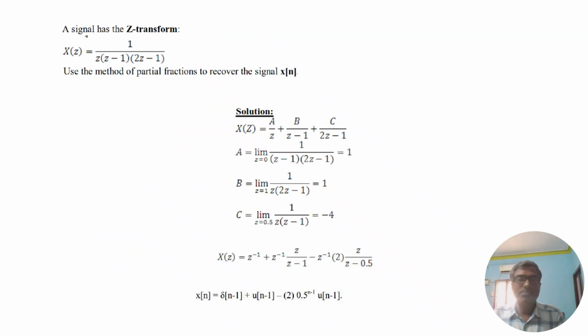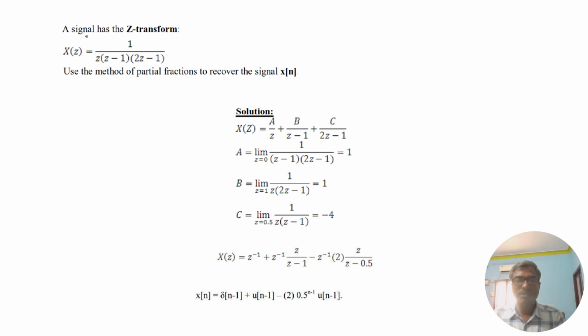The second example problem is computation of the inverse Z transform using the partial fraction method. X(z) equal to 1 by z into z minus 1 into 2z minus 1. Use the partial fraction method to compute x[n]. Now we have to use the partial fraction method in order to compute the A, B, C values.